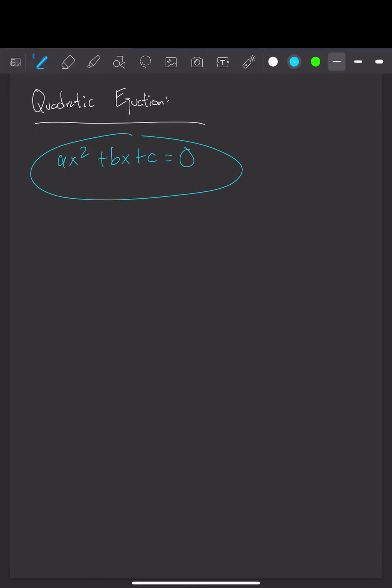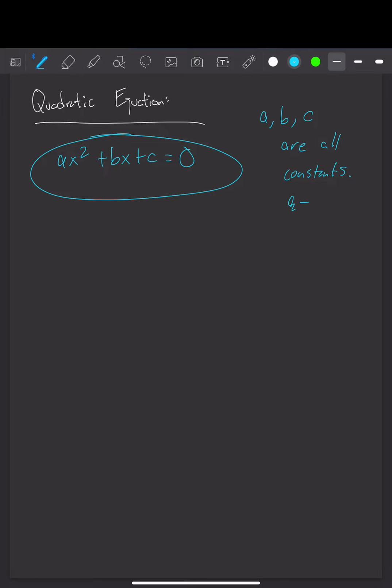Okay, so first off, what is a quadratic equation? What's the standard form to distinguish this as a quadratic? Usually we go with ax squared plus bx plus c equals 0, where a, b, and c are all constants, so real numbers.